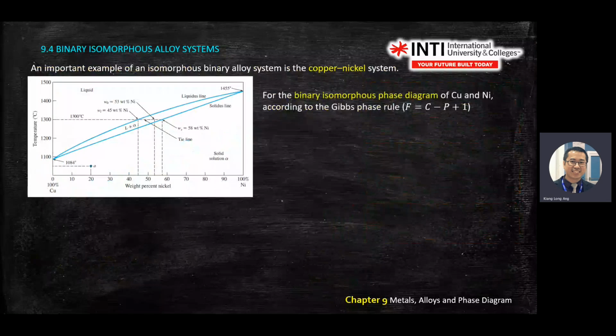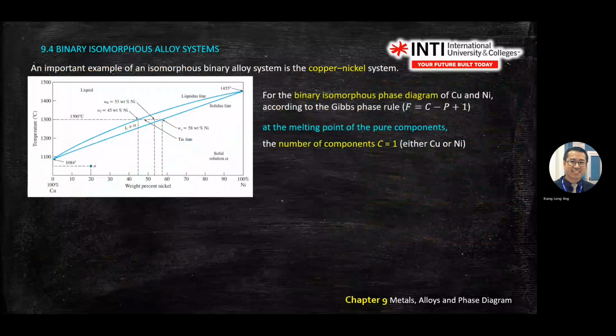What is the number of phases? It depends on the line or location. So if I pick one point, at the melting point of the pure component. Melting point means it starts to change into liquid, correct?